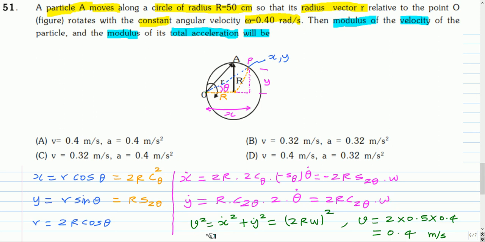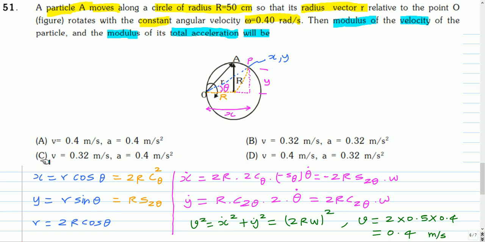And velocity square is x dot square plus y dot square. So if we square these two and add them up, we get 2r omega whole square. So from this we get velocity as 2r omega. The value of r is 50 centimeters, that's 0.5 meter, and omega is 0.4 radian per second. So using that we get the velocity as 0.4 meter per second.